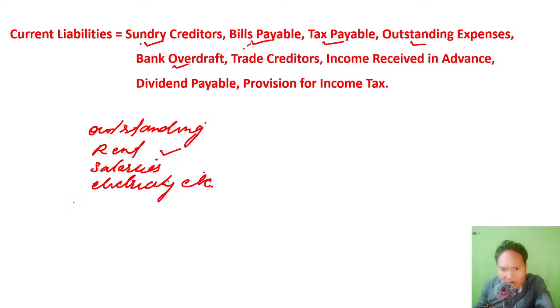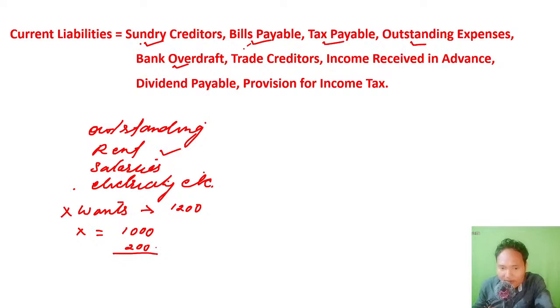Now when we talk about bank overdraft, let's take an example. Suppose Mr. X wants to purchase some product online, and the cost of that product is, for example, 1200, but Mr. X has only 1000 in his account. Now he needs another 200 to purchase that particular product.